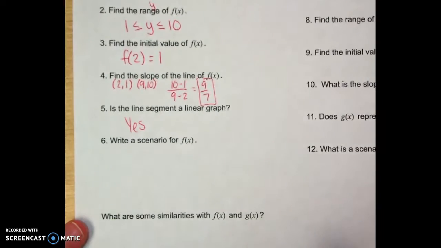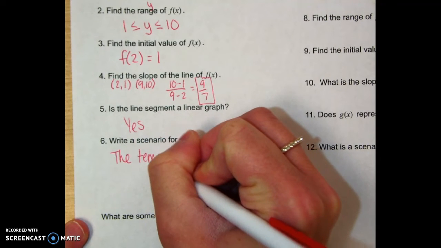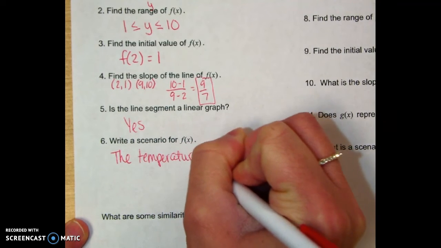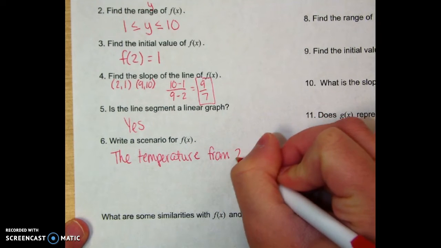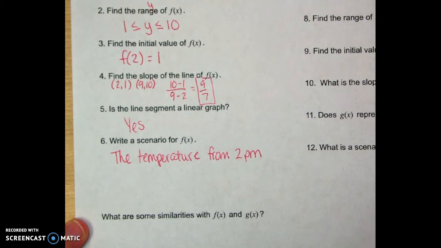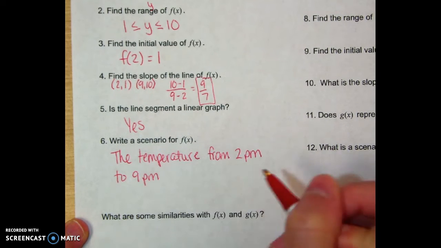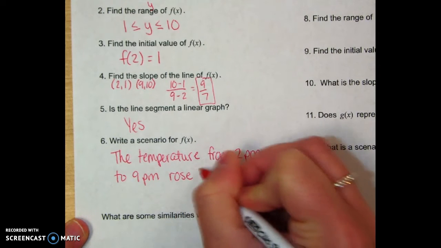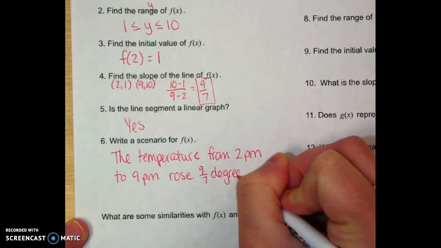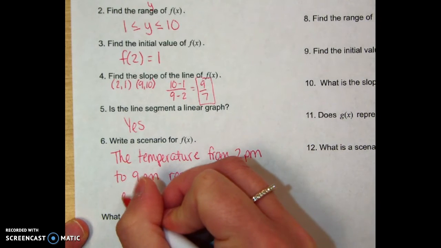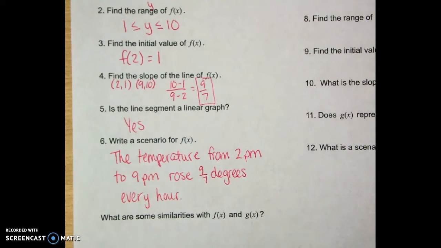I'm just going to say the temperature from 2 p.m. to 9 p.m. rose 9/7 degrees every hour. So something like that.